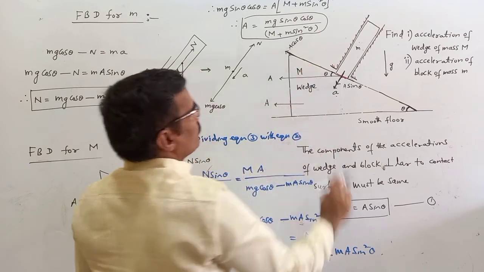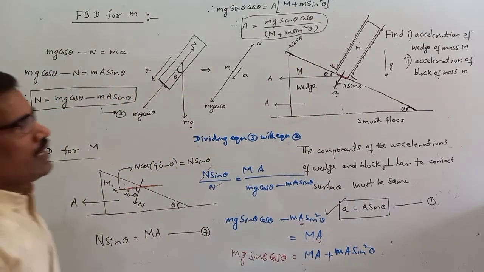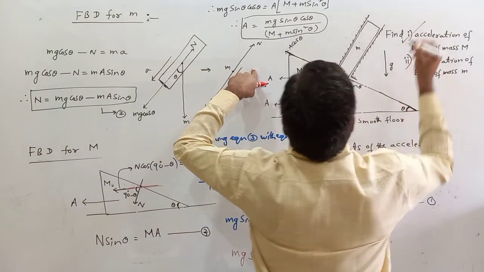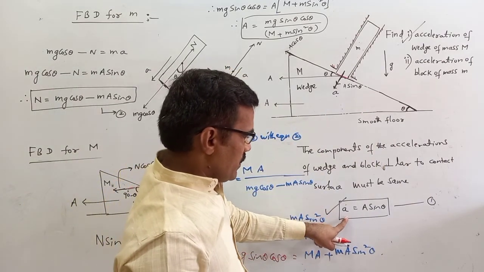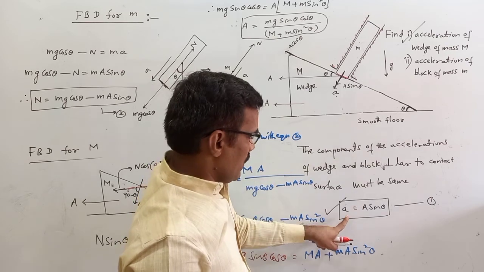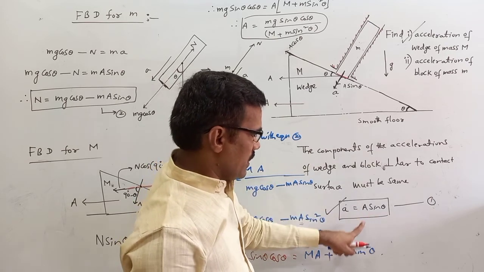This is the acceleration of the wedge, the acceleration of capital M. Then the acceleration of small m: small a is equal to capital A sin theta.